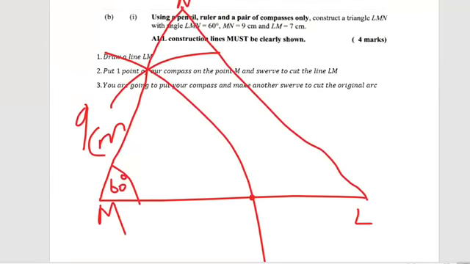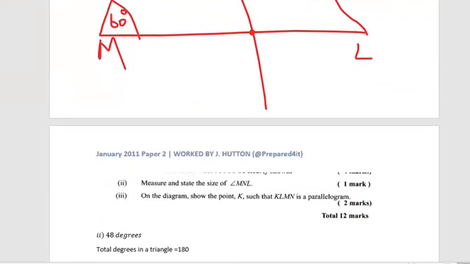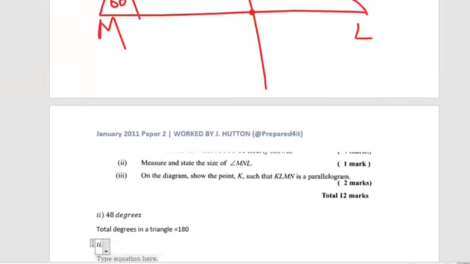So part C, or part 3, says on the diagram, show the point K such that KLMN is a parallelogram. So what I'm going to write here and then do is important things to note. So part 3.